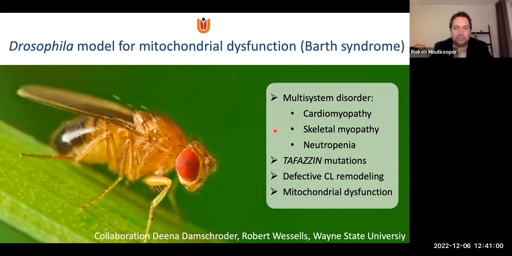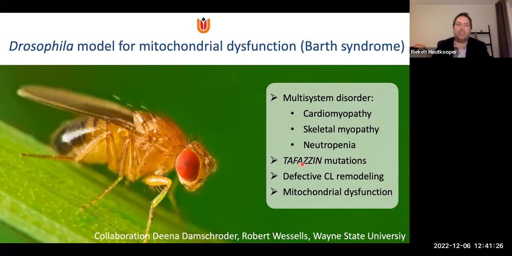It's a multi-system disorder characterized by cardiomyopathy, skeletal myopathy, so quite a number of these individuals become wheelchair bound, and also neutropenia, which can be cyclic neutropenia or not. Not all the patients suffer from it, but it can be really compromising to quality of life, and it's caused by mutations in a gene called tafazzin.